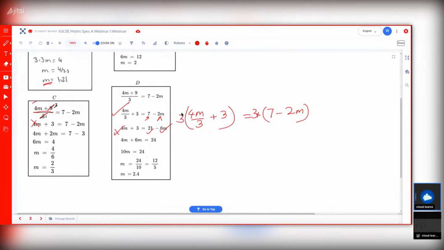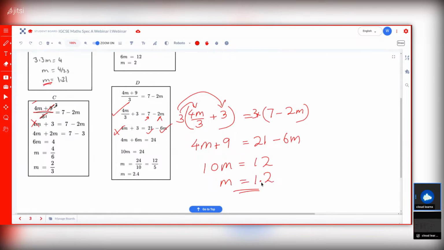So this gets multiplied, becomes 4m, just like we expected, but also this gets multiplied by 3. So it becomes 21 minus 6m. And then you can follow through and simplify, which gives you m equals 1.2.